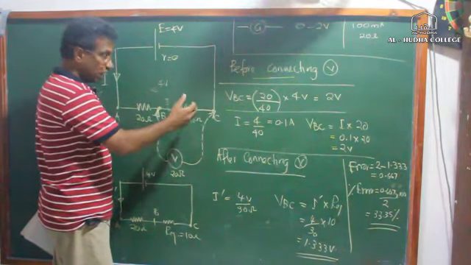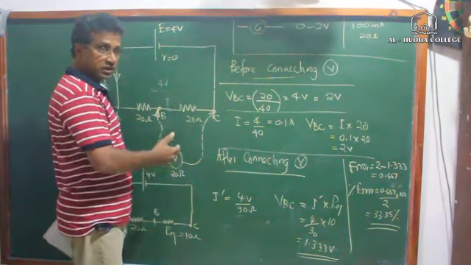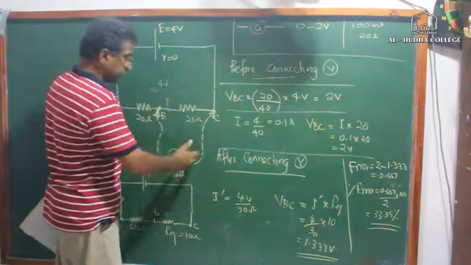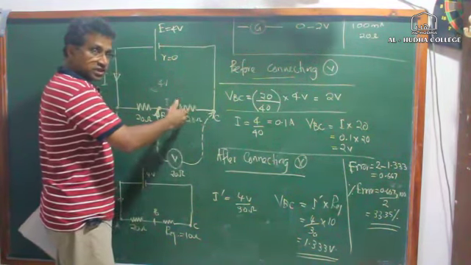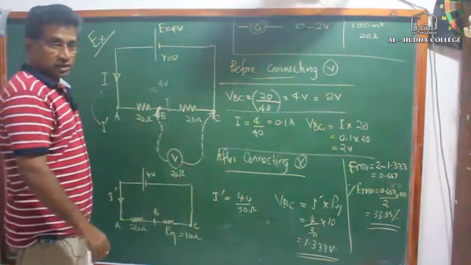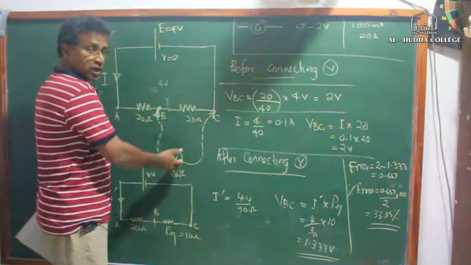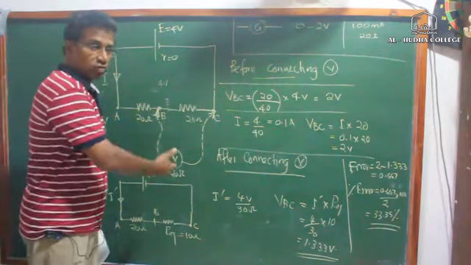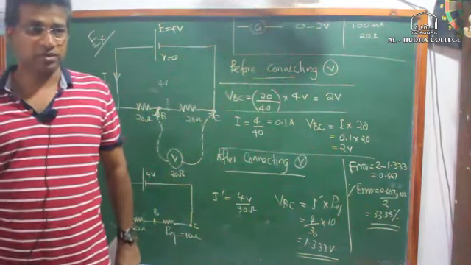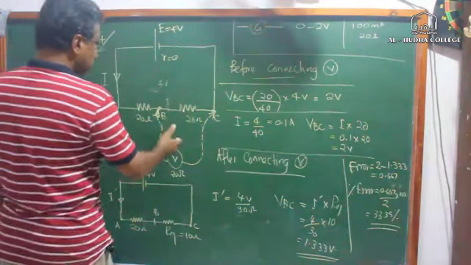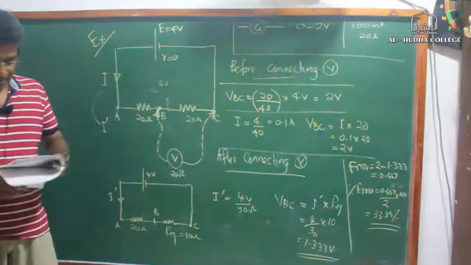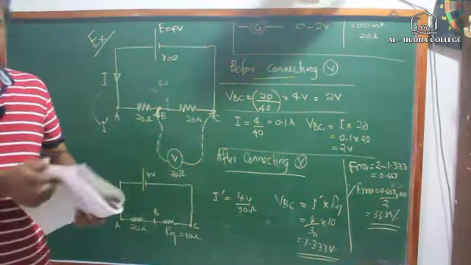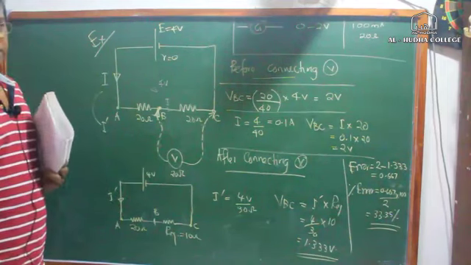We have to reduce that current, because it is because of this current that the circuit is getting loaded. If we use a very high resistance voltmeter, the current through the voltmeter will be less, so the influence on the circuit will be less. Ideally a voltmeter should be of infinite resistance.